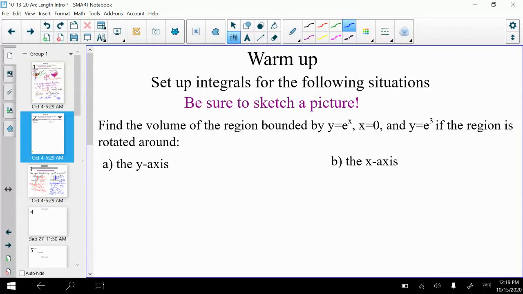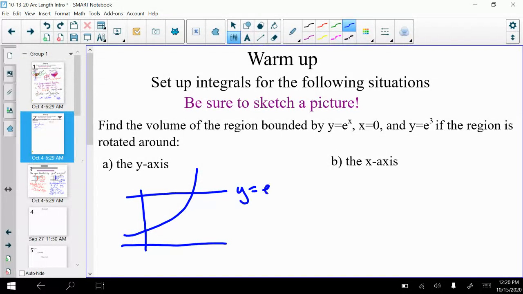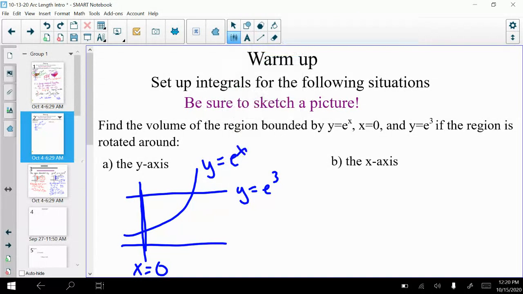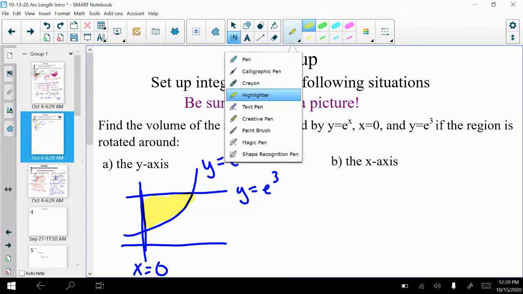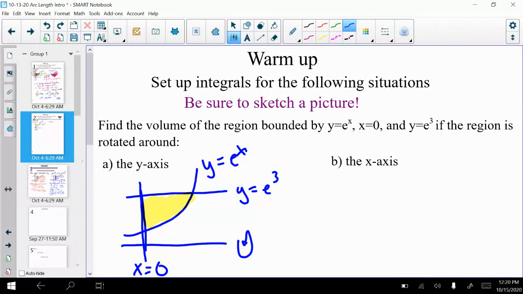So this one, we have the same picture: e to the x, e cubed, the x equals 0 y-axis line, and y equals e to the x. And this part in here is what we're rotating. But this time, we want to rotate it around the x-axis. So what I start thinking about is I have my little radius.